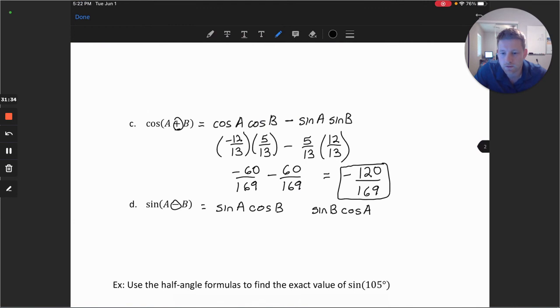For the sine function, we keep the sign the same, so this would have a minus sign in between for the sine of A minus B.